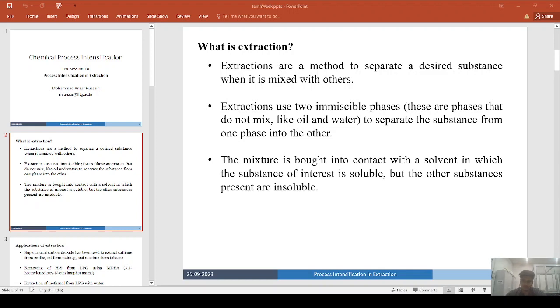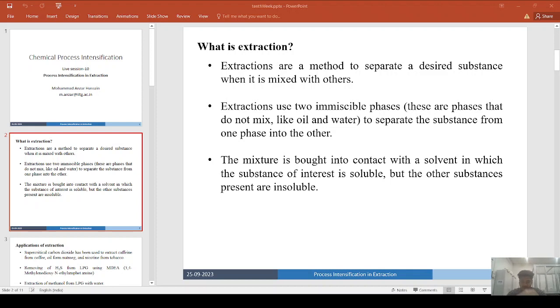Then you extract from the feed solution by mixing, making a temporary emulsion, and letting it settle to undergo phase separation.